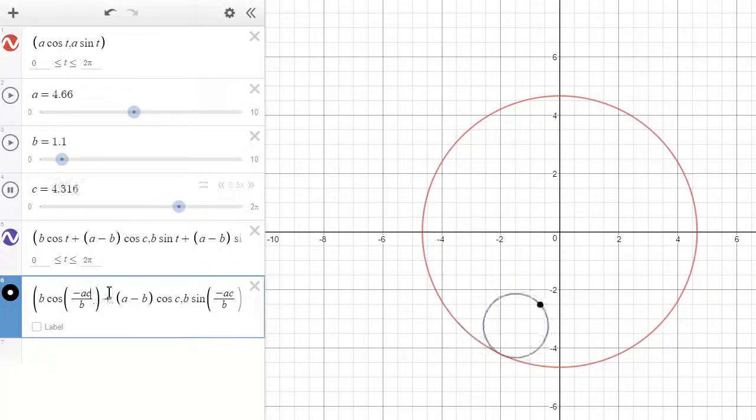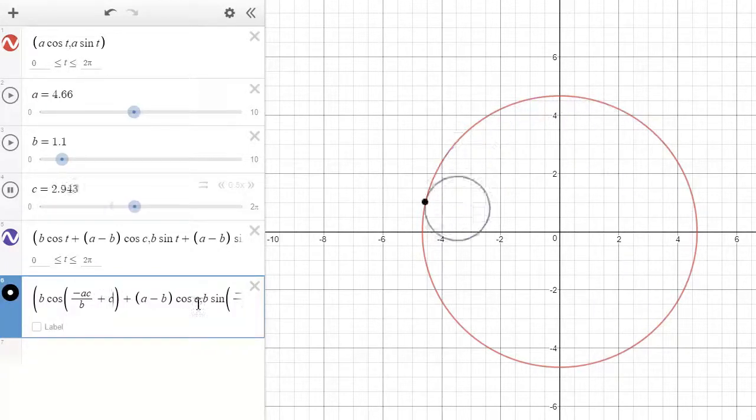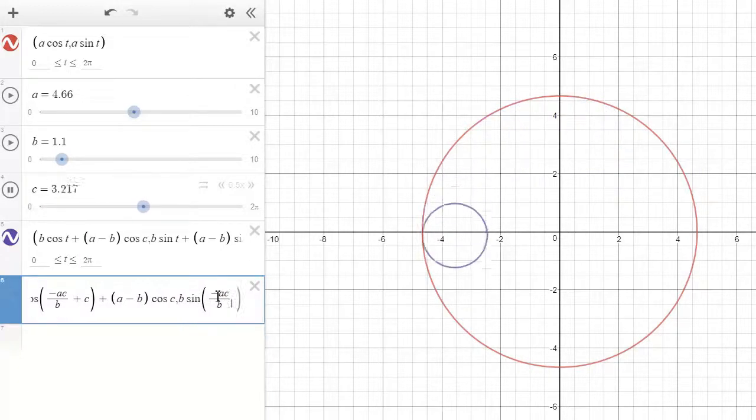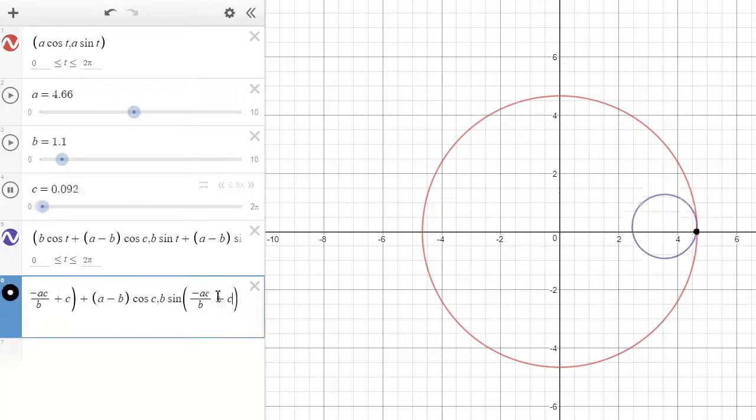So going back to this, we need to add C, and then add C, and then it will be right.